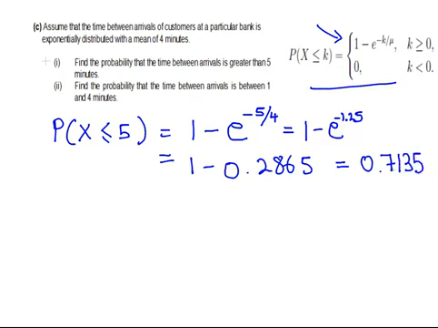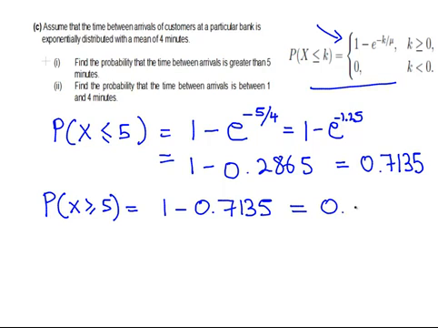Okay. So that is the probability of x less than or equal to 5. The complement of that, probability of x greater than or equal to 5, equals 1 minus 0.7135, and that is equal to 0.2865.